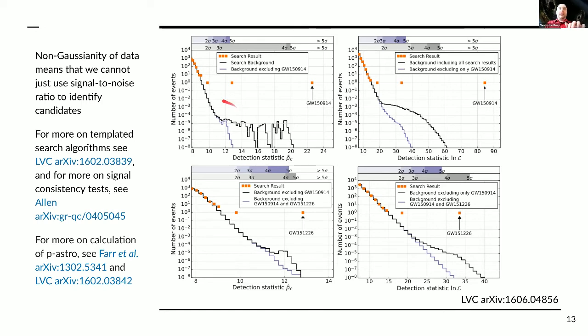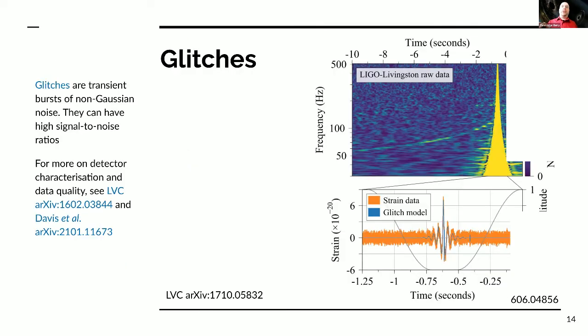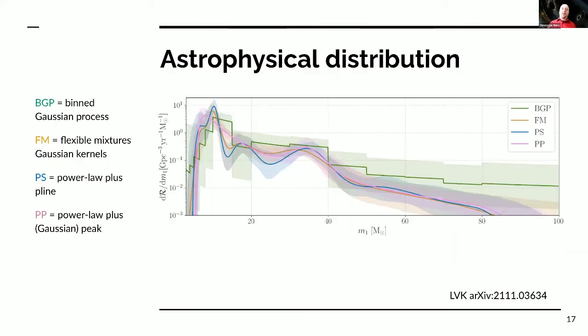Our false alarm rate calculation takes that into account, but it means that at a given false alarm rate, you can get different detectability. So different sources are detected with different efficiency, which means that if you see, say, 10 systems at one mass and 5 at another, that doesn't necessarily mean that the ratio is 2 to 1 between those two masses if you're much more efficient at detecting one mass range than the other.